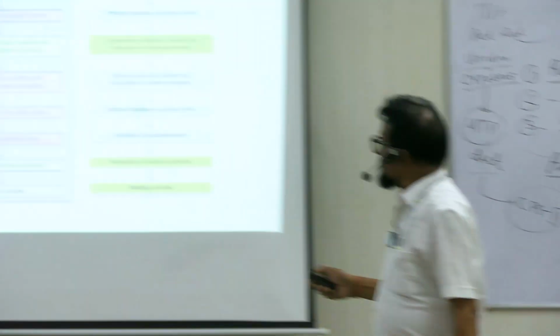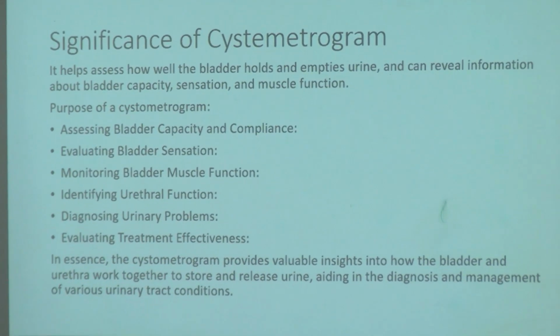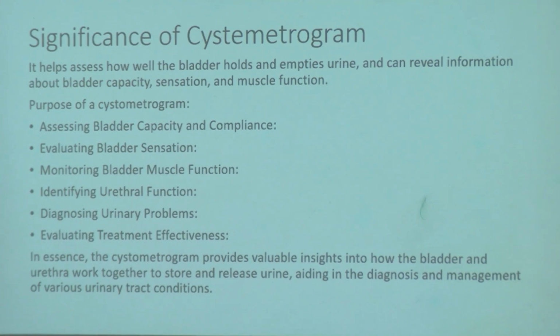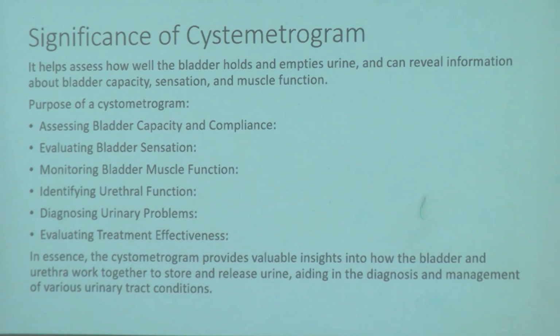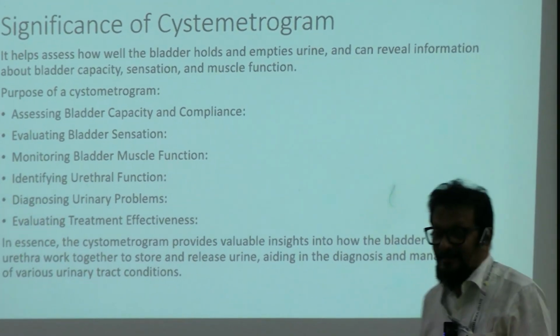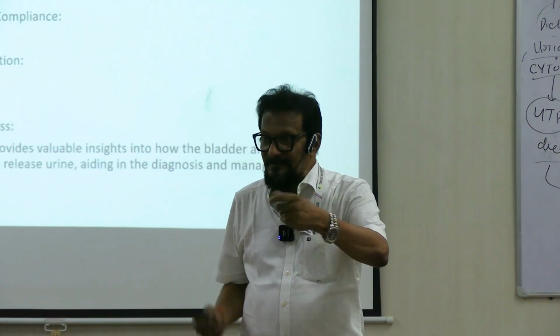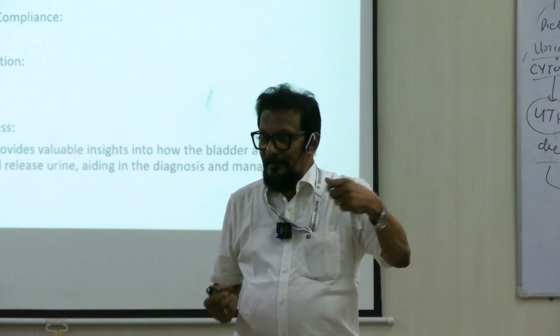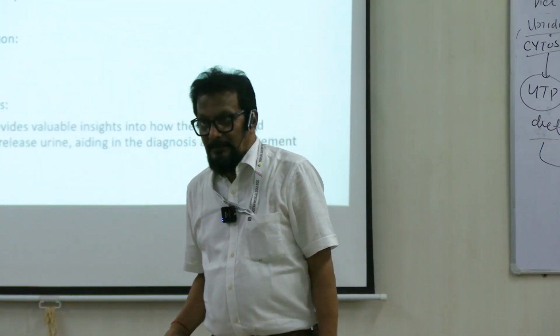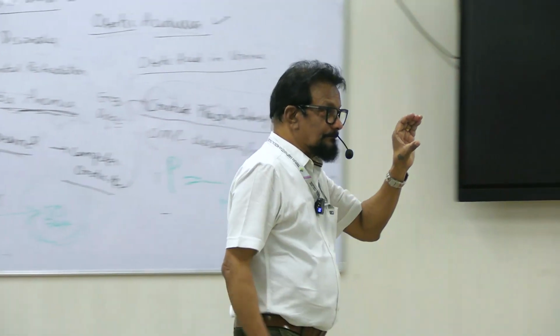Purpose number 1, assessing bladder capacity. If bladder capacity is raised, the frequency of urination will be more. That can be assessed here. What is the capacity of your bladder? Then compliance. Compliance means distensibility. Sometimes the urinary bladder wall becomes thick, hypertrophic.